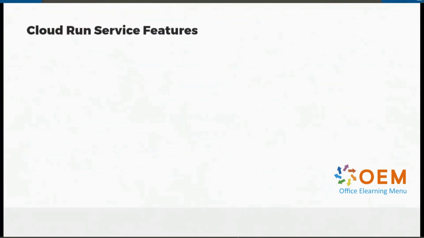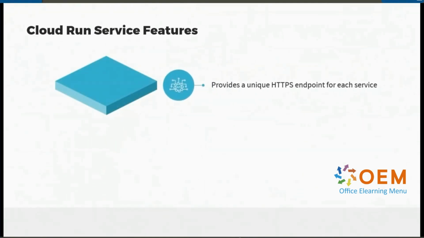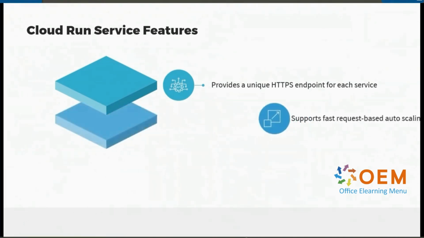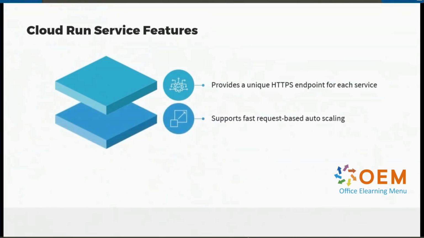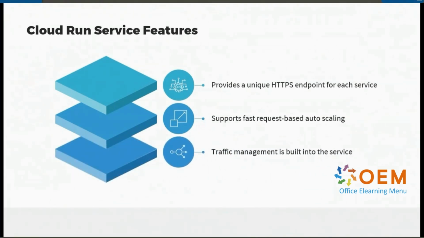Cloud Run comes with some really great features that make it a strong contender for modern applications. Each service you create gets a unique HTTPS endpoint, which makes it easy to expose your application securely to the world. Cloud Run supports fast request-based auto-scaling, which means that as demand for the service grows, Cloud Run is going to automatically scale your application.